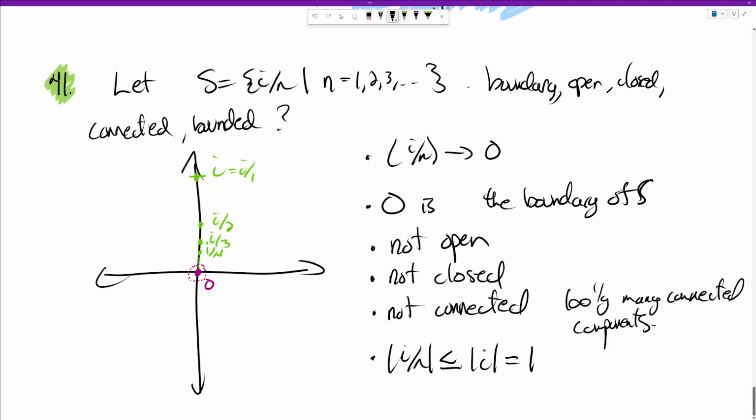And the modulus of i is 1. So all of the elements of S have bounded modulus, so this tells us that S is bounded. And this set S, you'll get similar behavior for any set that's made from a convergent sequence where it's missing its limit point.